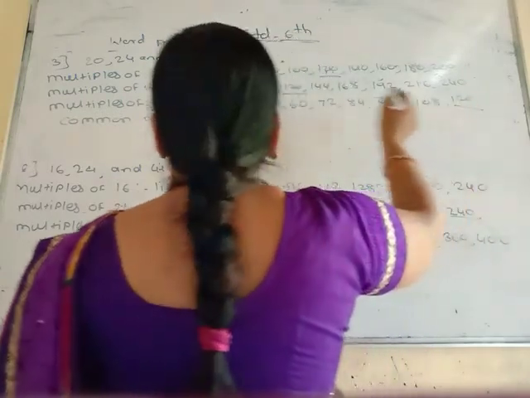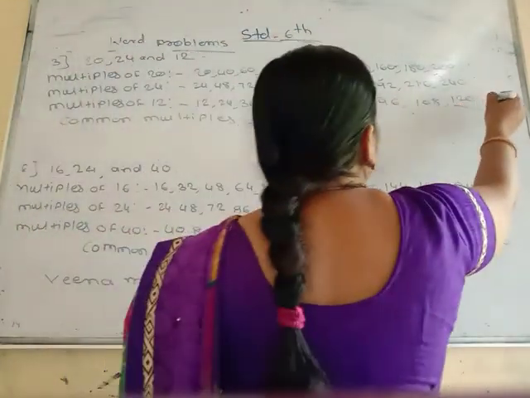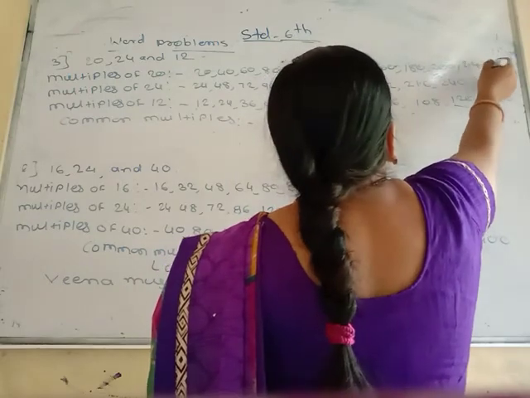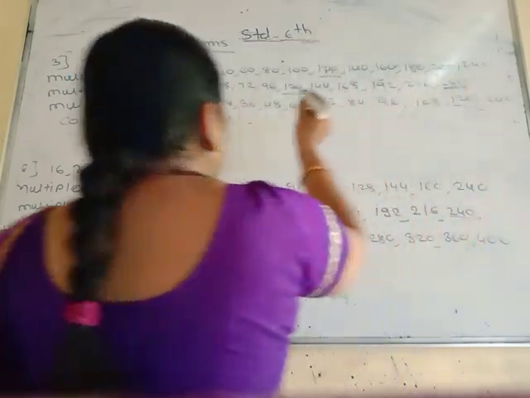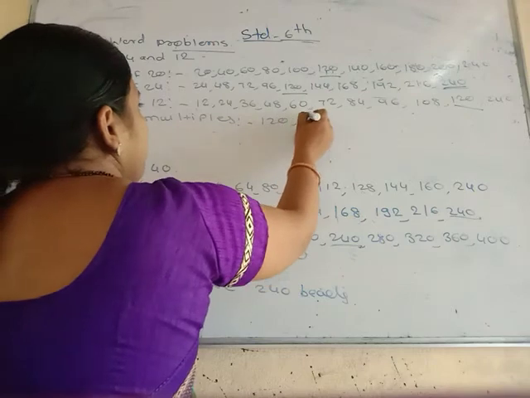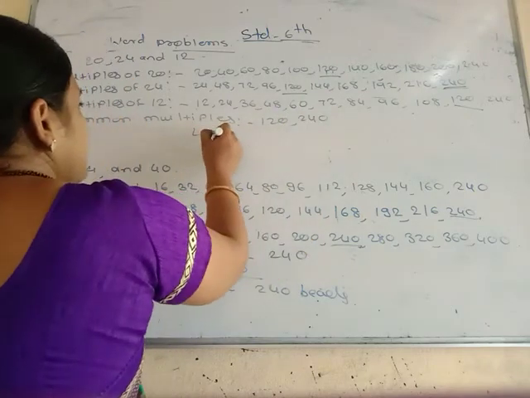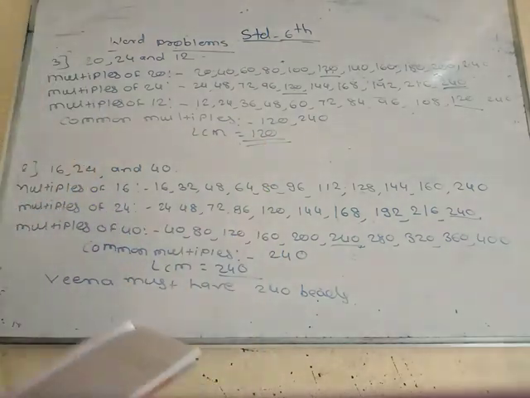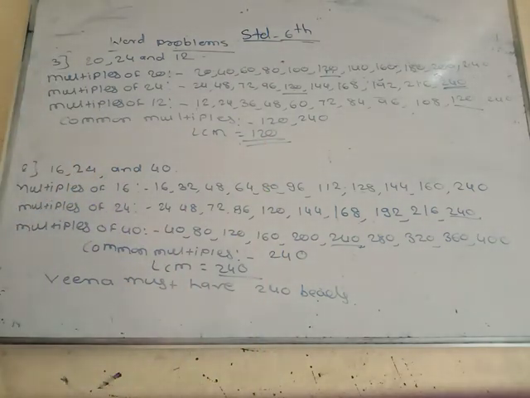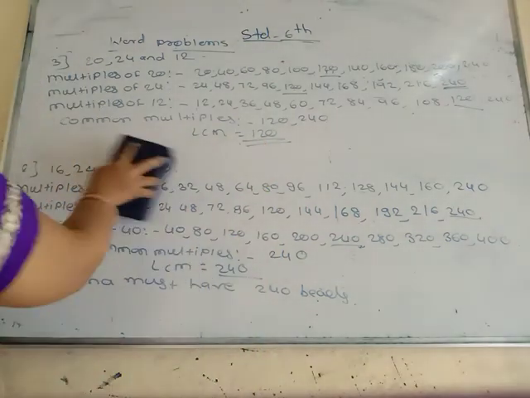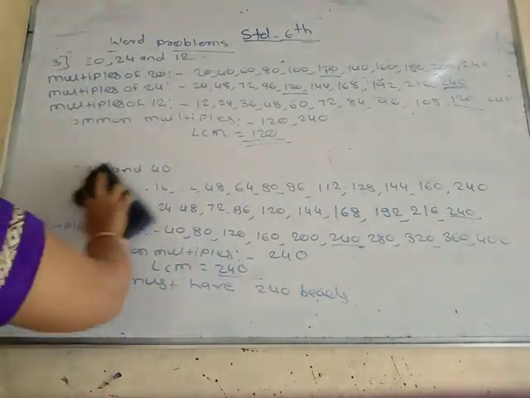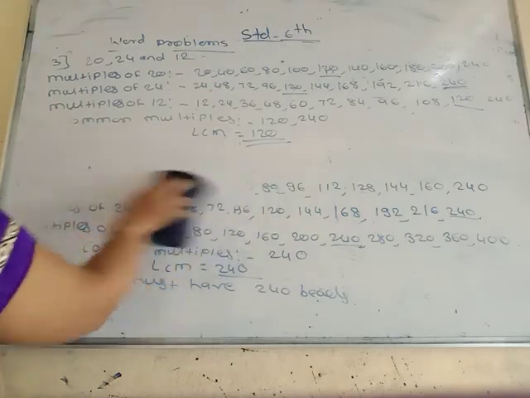LCM is equal to 120, this lowest number. The lowest common multiple is 120. Therefore the minimum number of ladus in each box is 120.